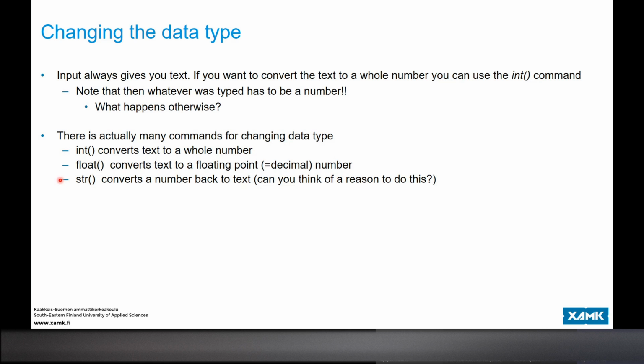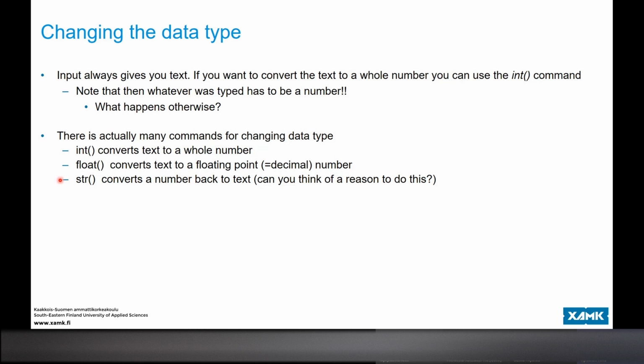So you can turn numbers back to text, and this may have a few practical applications. Such as if you wish to treat numbers as if they were text. So if you needed to, for example, join a number to some piece of text, usually that would not be possible since you can't join text and numbers.